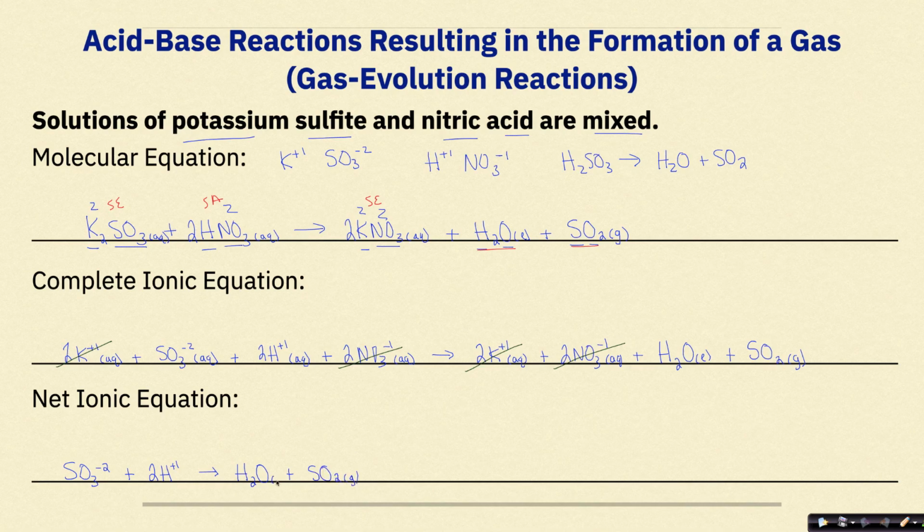And I guess for the sake of doing this, we should be really good and put all of our phases in. But I'm not expecting you to put phases in on tests or quizzes or homeworks, because that's not how the AP grades. Great, so that's our net ionic equation with the production of sulfur dioxide as a gas.